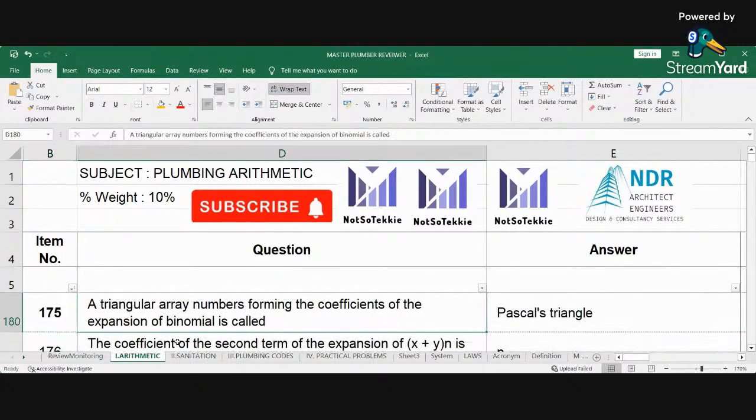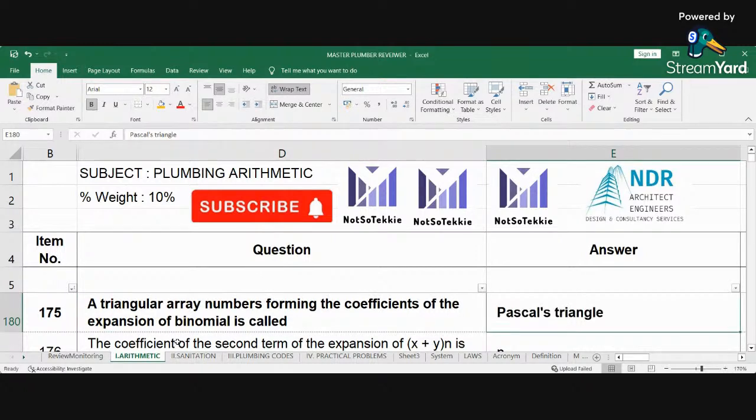A triangular array of numbers forming the coefficients of the expansion of a binomial is called Pascal's triangle. The answer is Pascal's triangle.